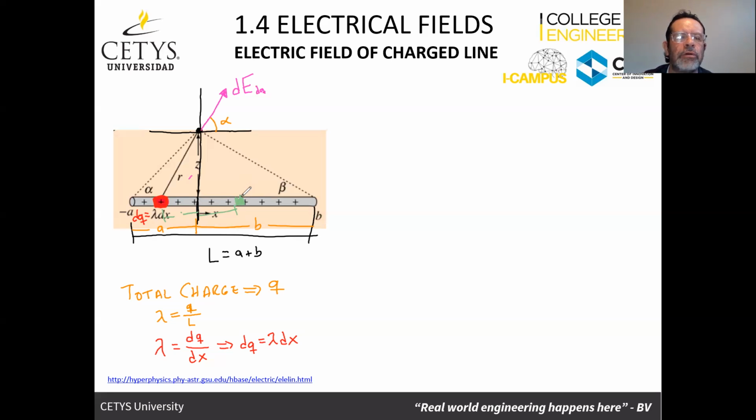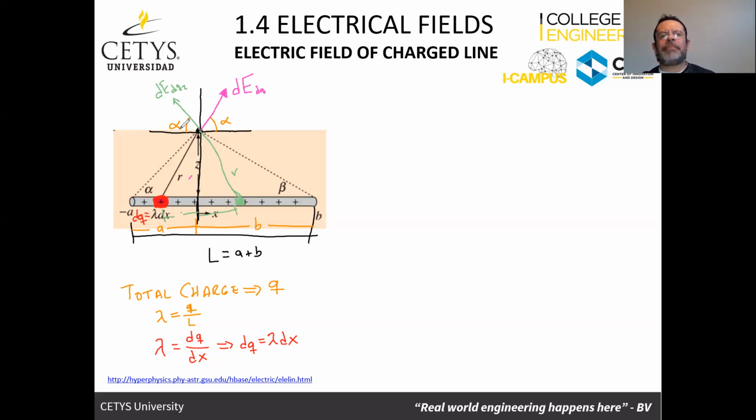This point here is also going to generate an electrical field. Let's assume that it's symmetrical. That's going to be pointing this way. And I'm going to call it DQ2, right? And it's going to have the same angle.